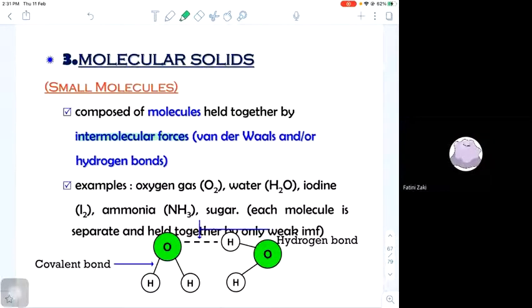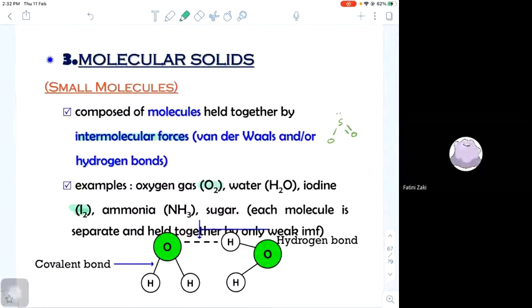If it is a non-polar molecule, for example, oxygen and iodine, they only have London dispersion force as their intermolecular forces. But if we have polar molecules, for example, SO2 molecules, when it turns to solid or crystalline solid, the types of intermolecular forces that hold it are the dipole-dipole force and also London dispersion force.